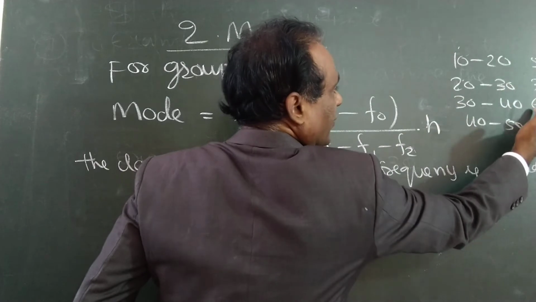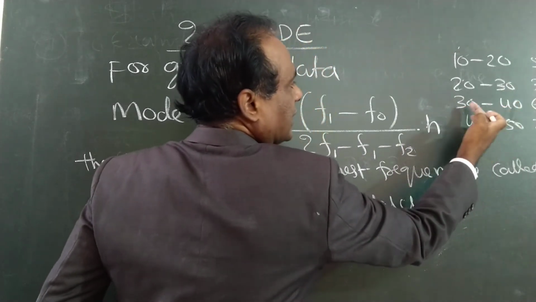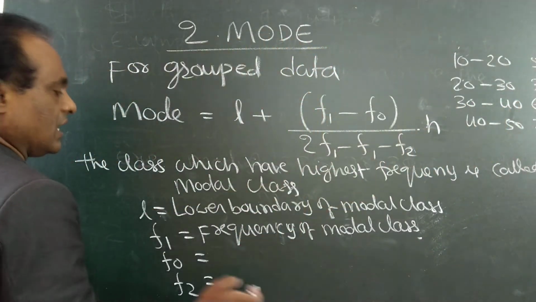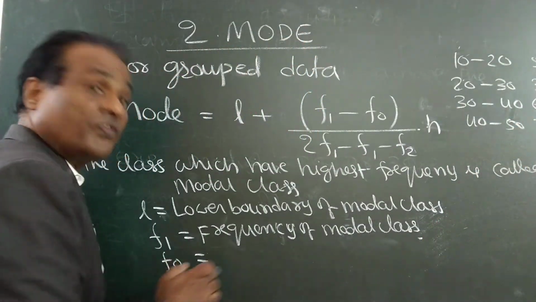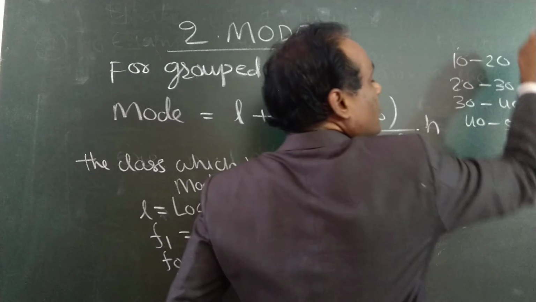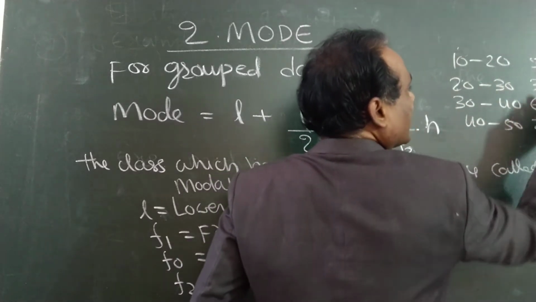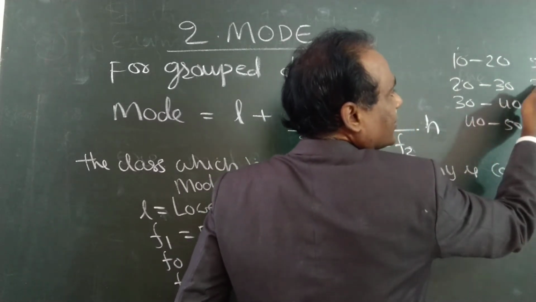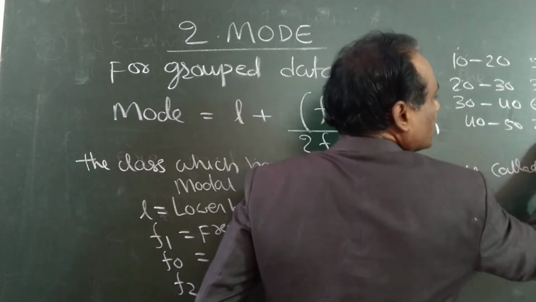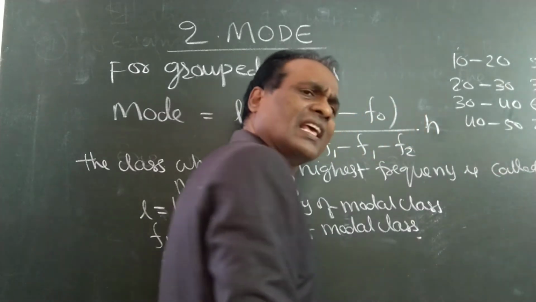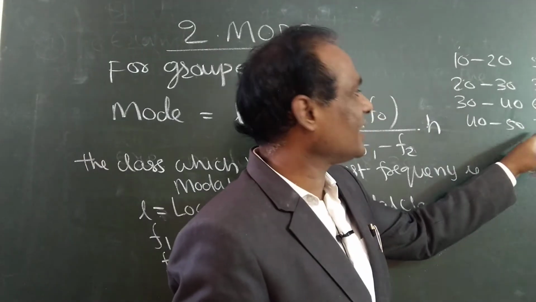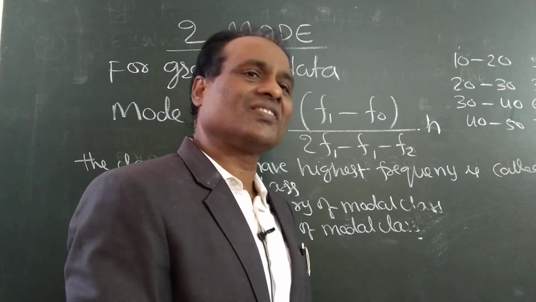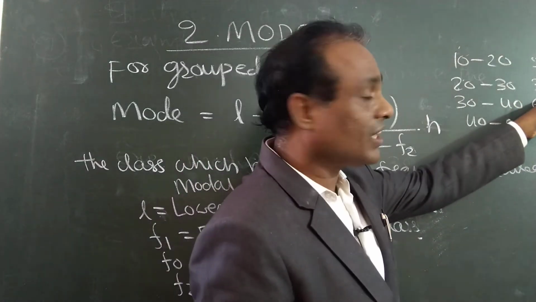The highest frequency is called the modal class. L is the lower boundary of the modal class. F1 is the frequency of the modal class. F0 is the value just above it. Whatever is above this is F0, and below it is F2. That's all, very simple. Above it F0, below it F2. So what is F0?